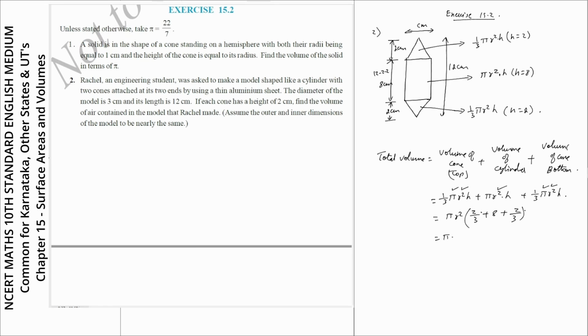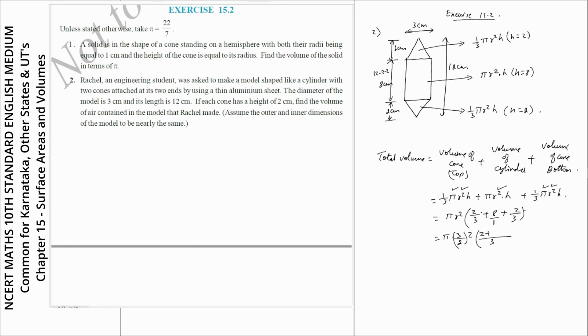So pi, so r is, what is r? What is the diameter given? Diameter is 3 cm, right? So r is 3/2, the whole square. So into, now what is the LCM of 3, 1 and 3? So 8 means it is 8/1. So LCM now is 3.